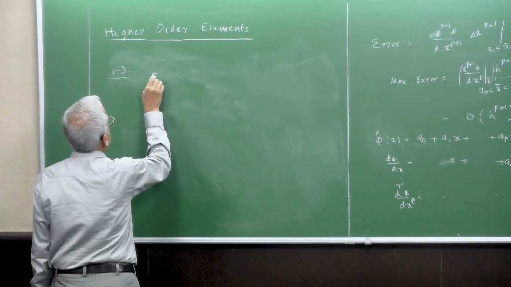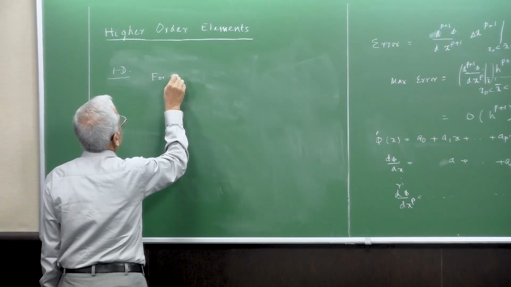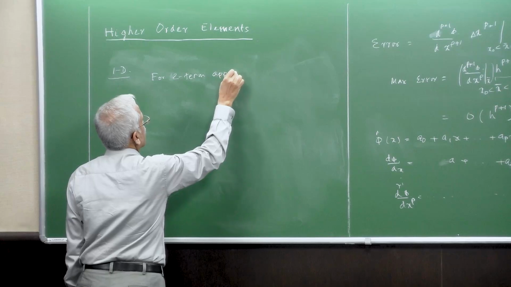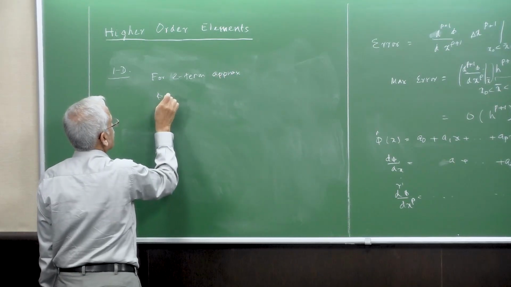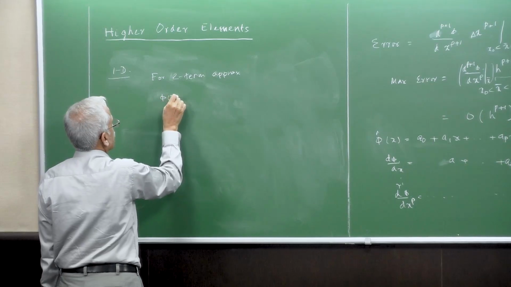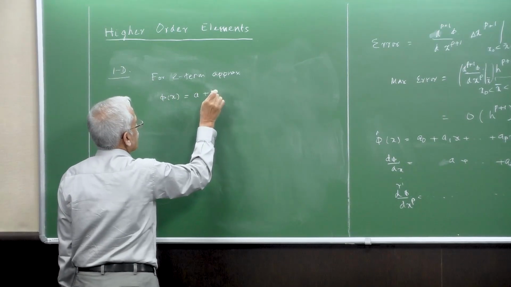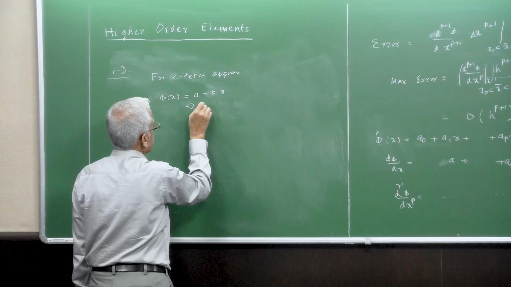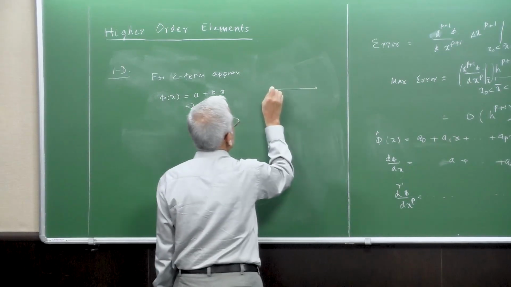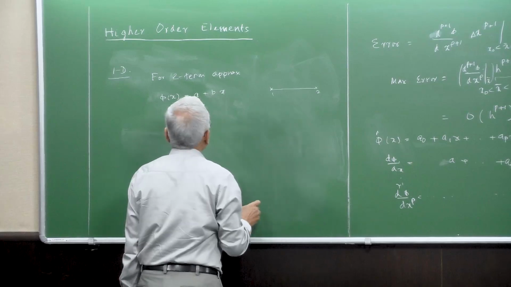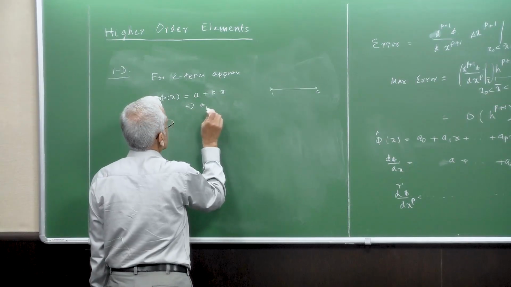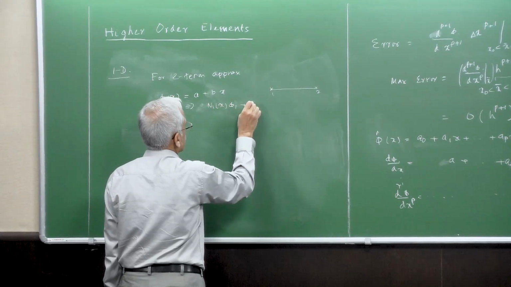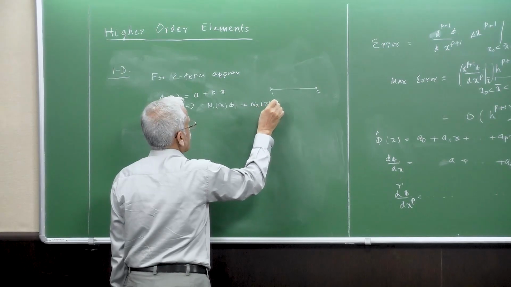For two-term approximation, we have phi of x as a plus bx, which is equivalently written with two nodes, 1 and 2.